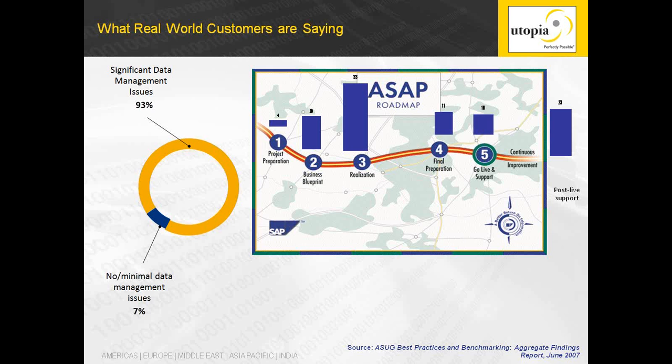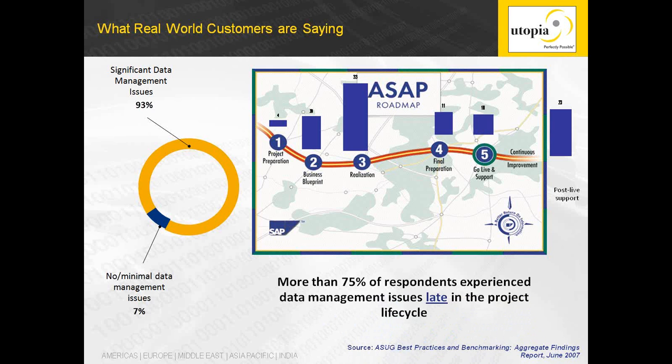And if you look at the graph that you can see up on the slide now, you'll see that more than 75% of those experienced data management issues late in the project. And by late in the project, we mean during realization, or during final prep, or during go live.